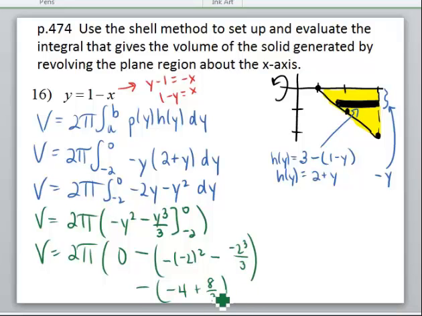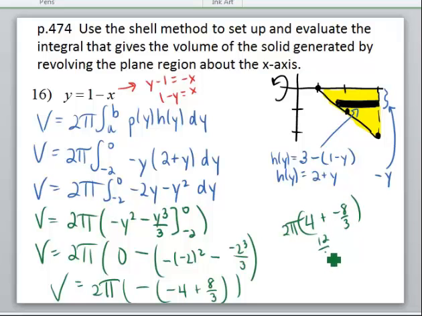I have this minus out front that I'll worry about here in a second. So now I end up having a positive 4 plus a negative 8 thirds with the 2 pi out front. This gives me 12 thirds minus 8 thirds times 2 pi. So that's 4 thirds times 2 pi, which gives me the answer of 8 pi over 3.